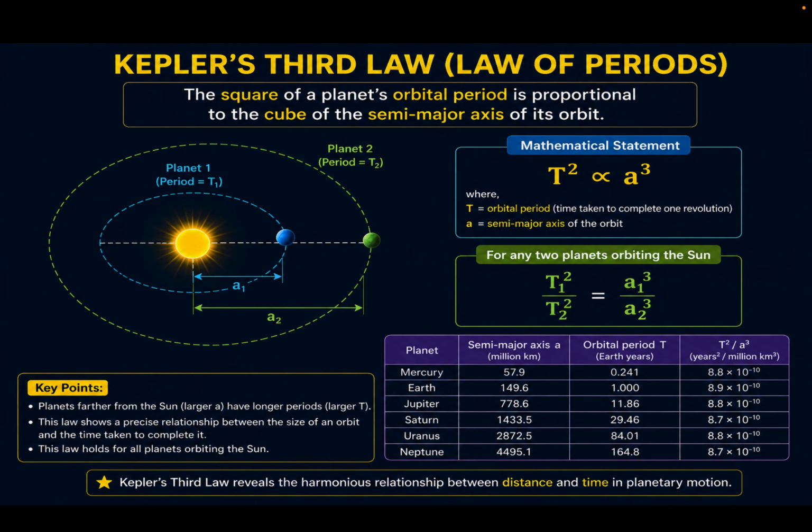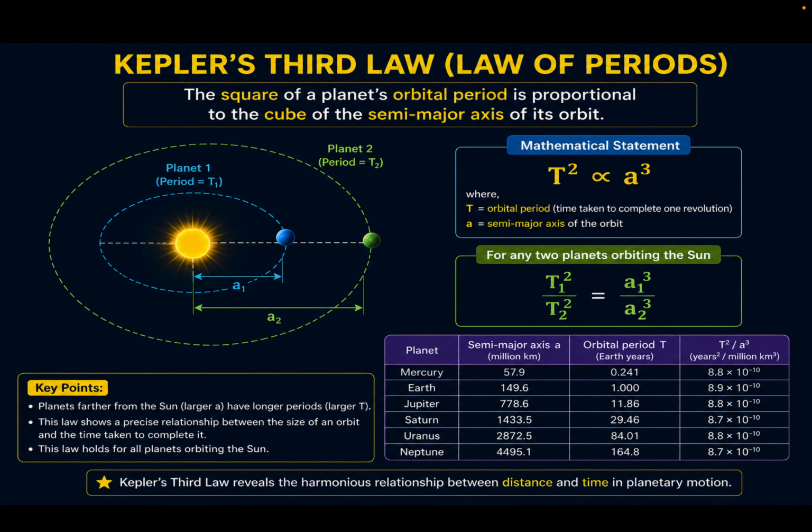And we have another law which decides the time period of the earth's revolution around the sun, depending upon the distance from the center of the earth to the center of the sun. As it is an elliptical orbit, we use the semi-major axis.